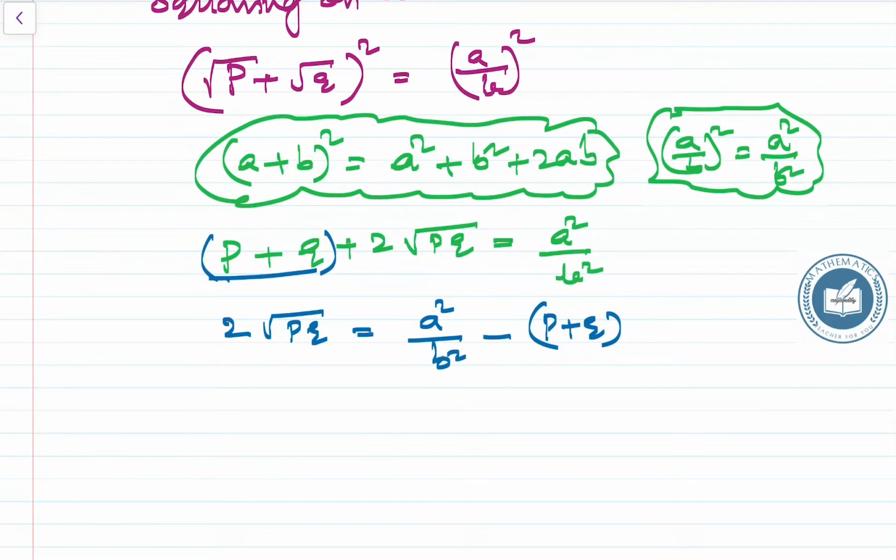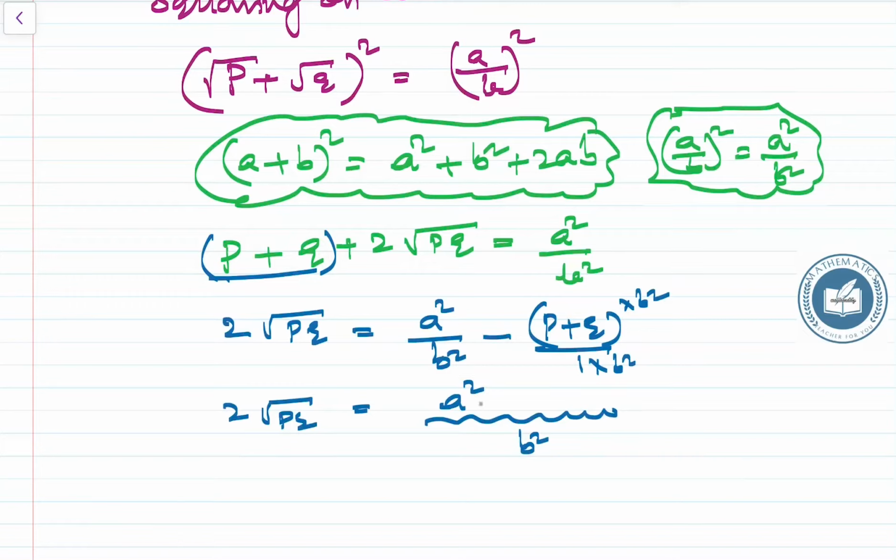Simplifying the right hand side, you can write 2 times root pq is equal to, here the LCM is b square, and the denominator is 1, multiplied by b square here also. So this becomes a square minus b square times (p plus q) upon b square.